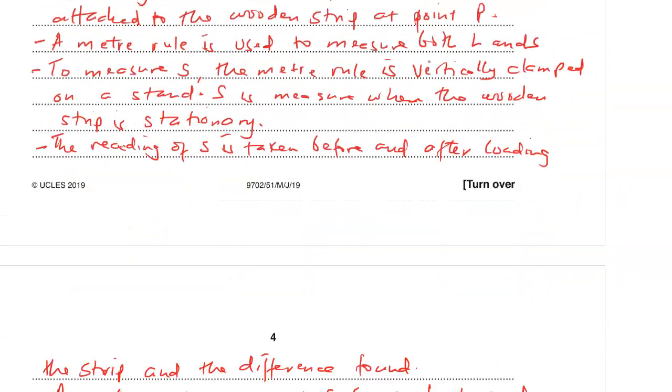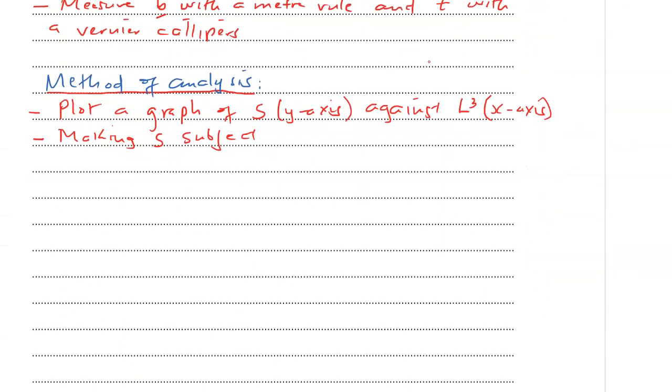Right. So here you are. So S is equals to 4mgL cubed upon BT cubed times Young modulus there.